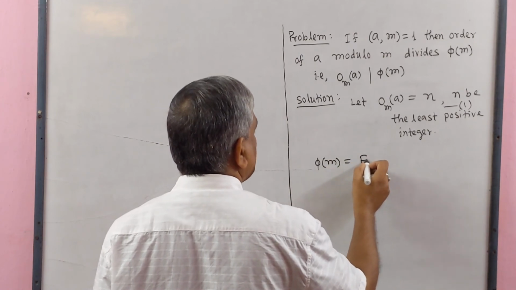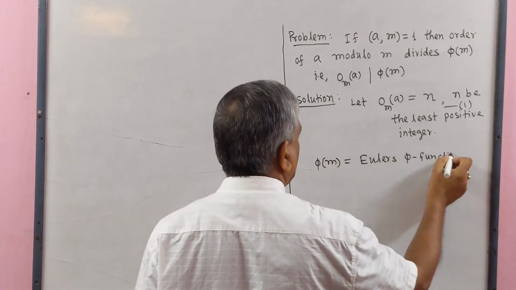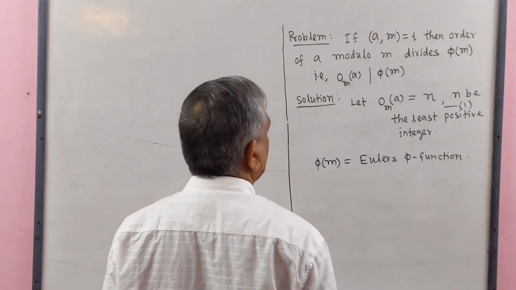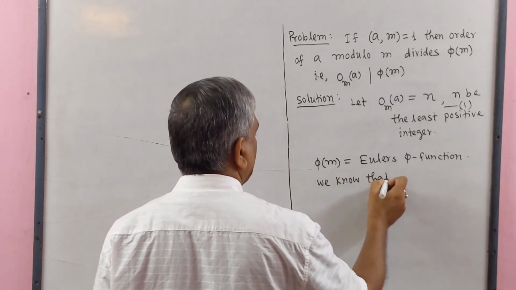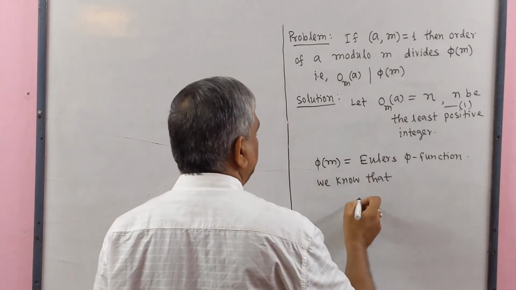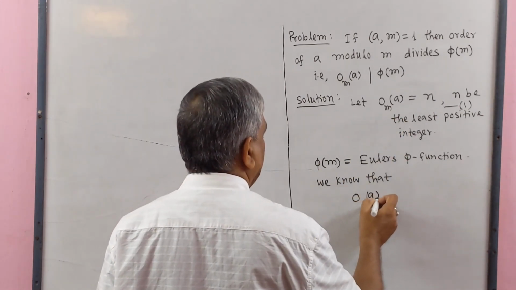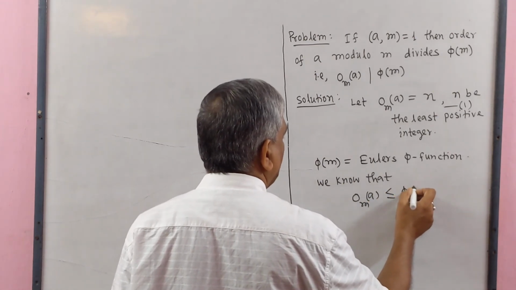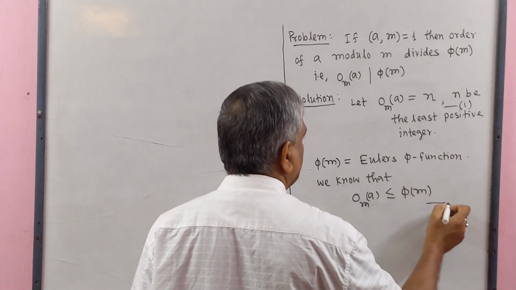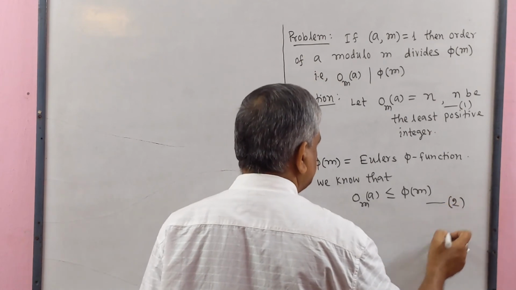Phi M is Euler's phi function. We know that order of A modulo M is less than or equal to phi M. Let this be number 2.